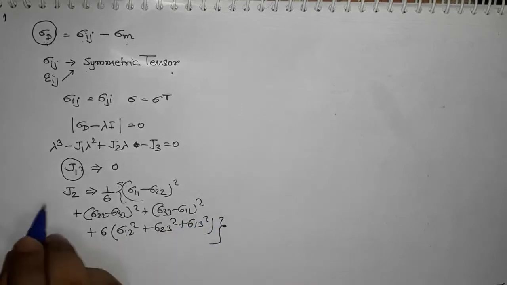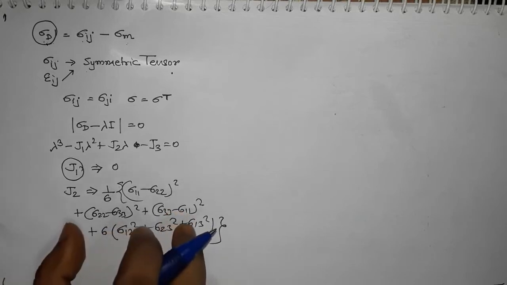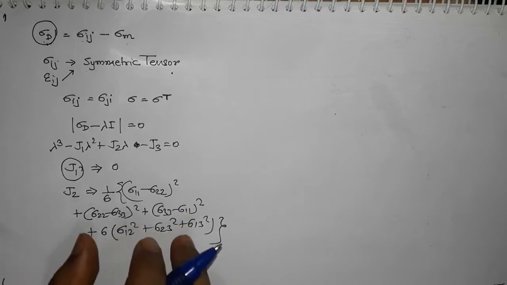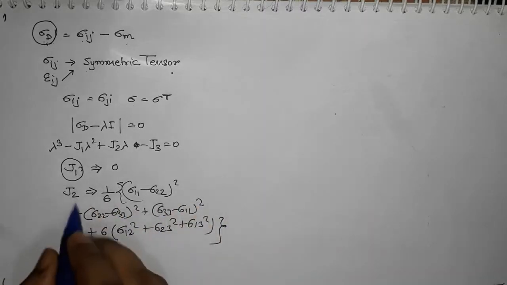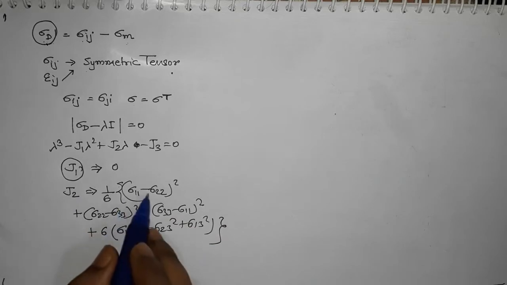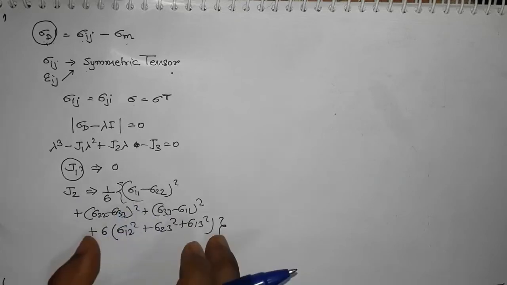Okay, so this is what you will get. You know how to get the principal minors of any 3 by 3 matrix. So this is the value of J2, and it's a combination of shear stresses, right?